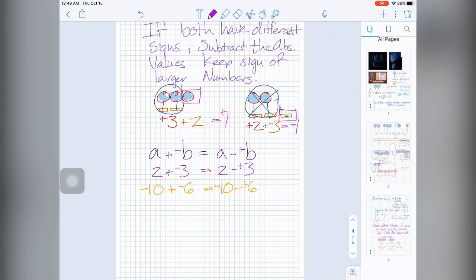You always keep the first number the same, but whenever you're subtracting a positive, you change it to adding a negative. We can interchange these two things.